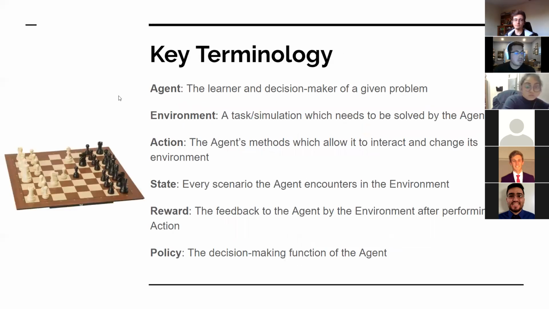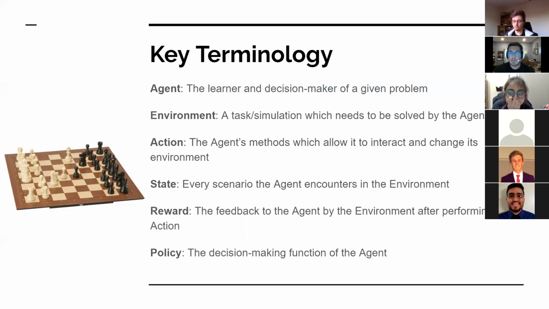Next slide, please. Yeah, so some key terminology here. I'm going to relate it to a chessboard because it's pretty good at mapping it. So you have the agent, which is the learner, the decision maker, the AI, whatever you want to call it. In the chess scenario, that's you. You're the agent that performs an action.